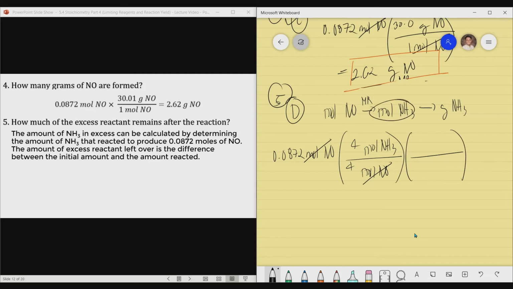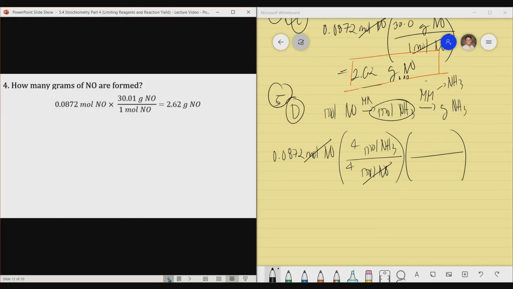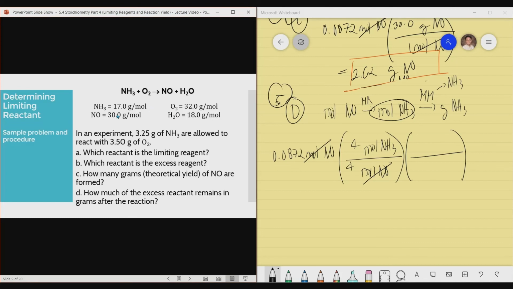So nandito tayo sa part na to. Next is converting mole NH3 into grams NH3. That is using the molar mass of the substance NH3. So good thing, provided na ang molar mass NH3 from the given. Here, 17.0. So I can now write the molar mass of NH3. So 1 mole of NH3 here, and then 17.0 grams of NH3.